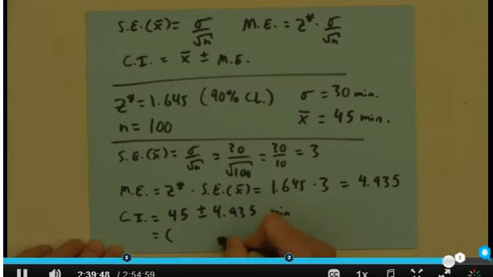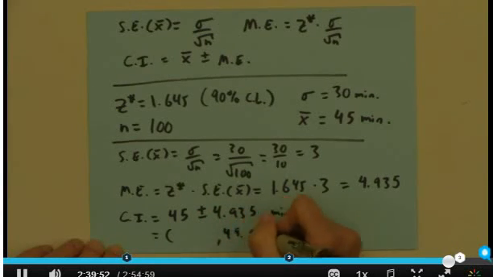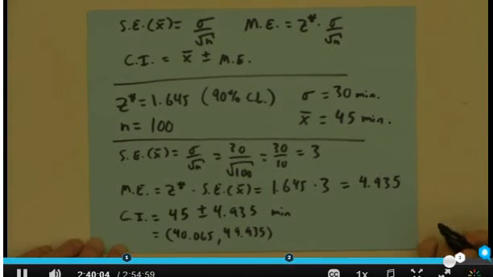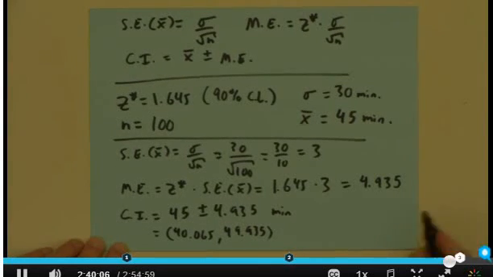Let me write this in the other form really quickly. 49.935 and 40.065. Okay. So there's my two bounds for the confidence interval.